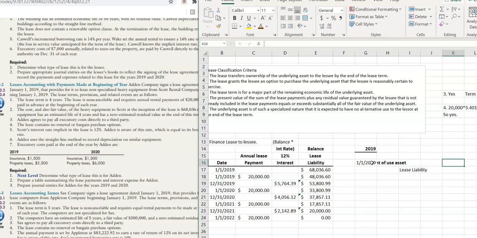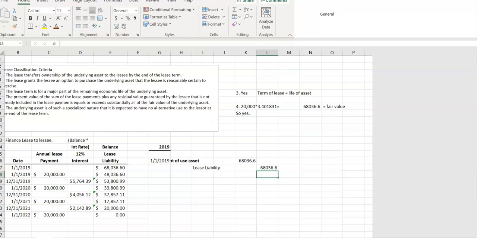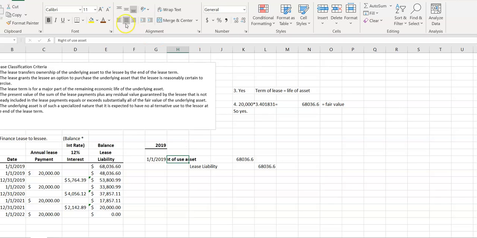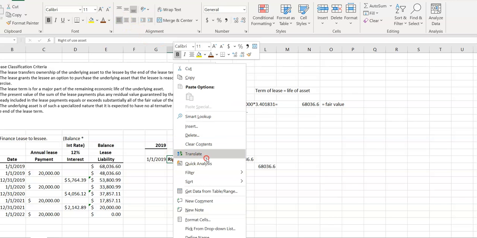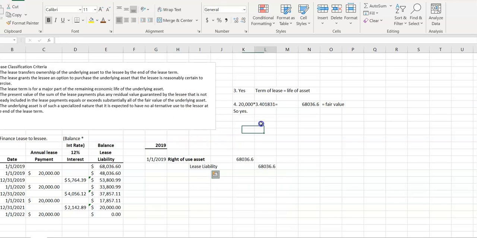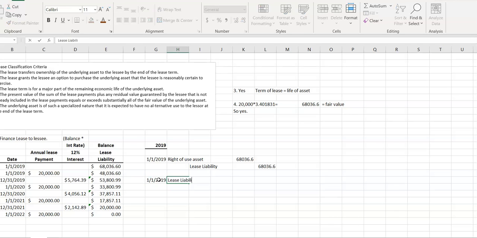And they are going to be for the 68,036.62. I'm going to make this big for the moment. All right. Then also at 1/1, I'm going to pay $20,000. So it's going to come off my lease liability and cash out the door for $20,000.